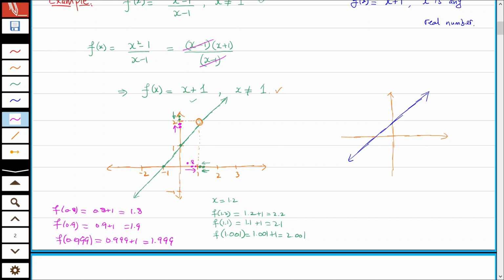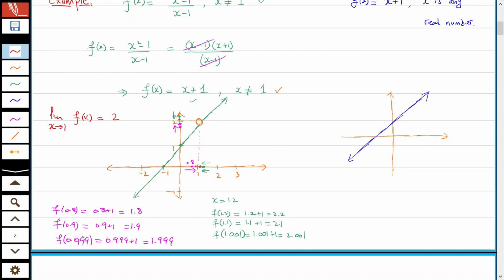So it seems to me that from either side, when I go close to 1, my value on the y-axis is going closer and closer to y equals 2. Therefore I can write for this function, the limit as x approaches 1 of f of x would be equal to 2.